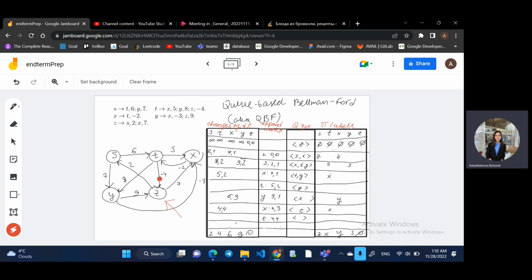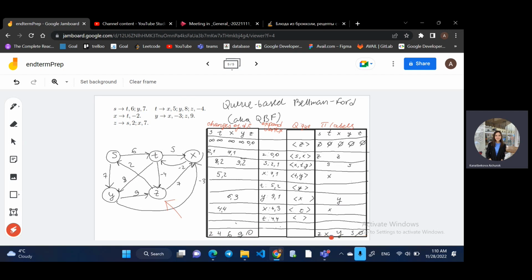And 4 plus minus 4 is 0, but it's already 0, so no change here. And we do not put anything into the Q, and Q becomes empty, and this will terminate the algorithm, and these are going to be our final results.